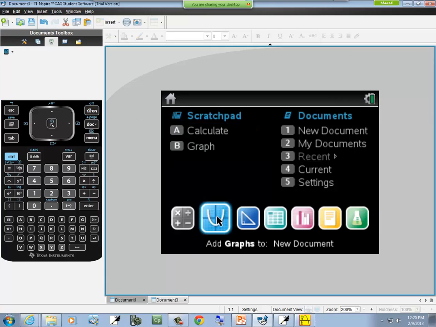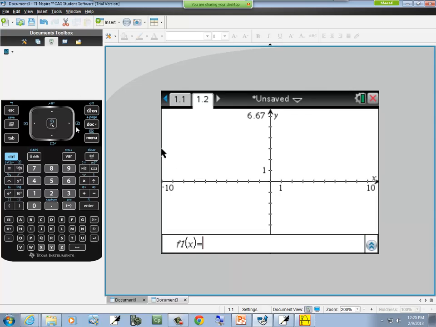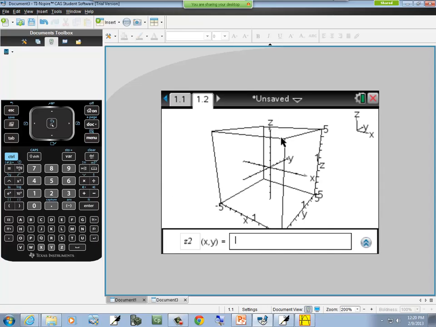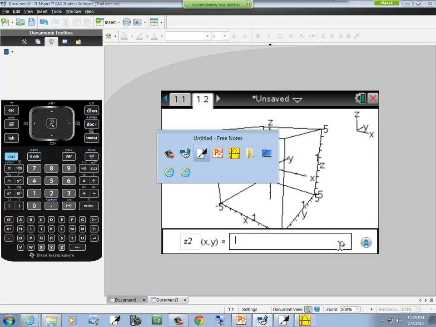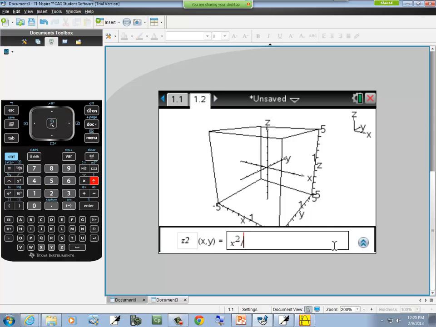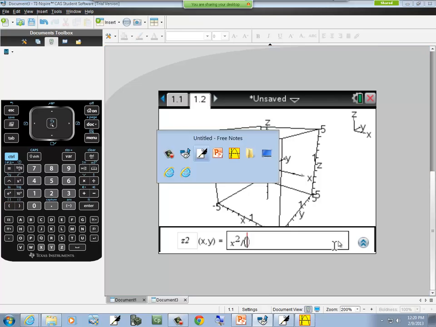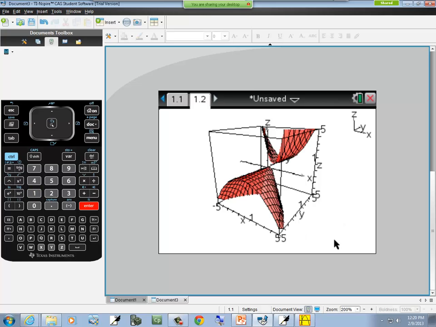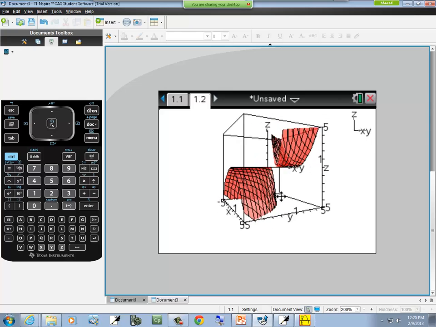You can click the graph button down here, then choose your menu, choose view, choose 3D graphing, and we got x squared, so x caret 2, I'll right arrow to get out of the exponent, divided by, and then beginning parentheses, y minus 1. Looks like it put the closing parentheses on there for me, but if yours doesn't, then you'd need to put it. That looks better. Okay, so we got this.